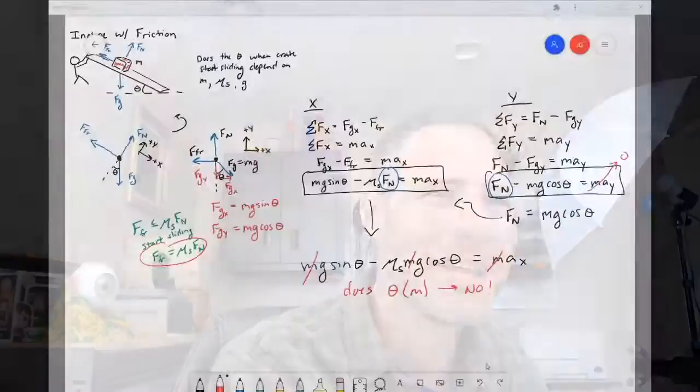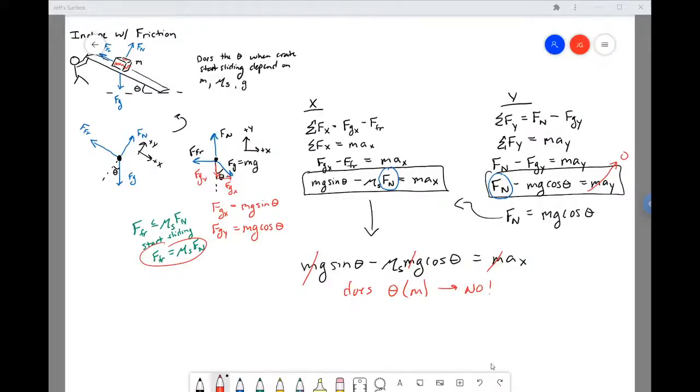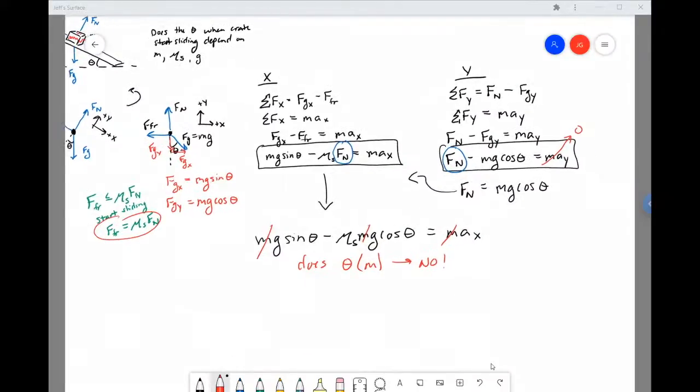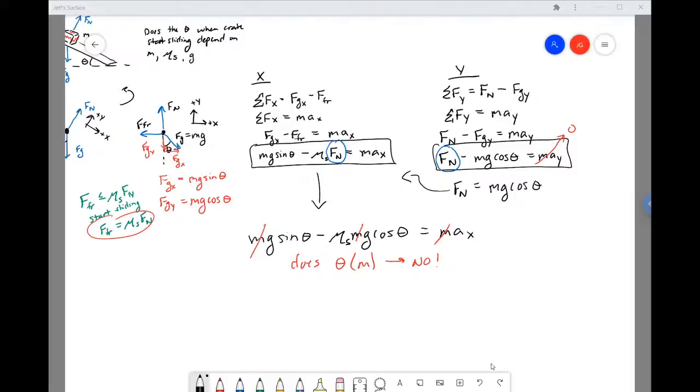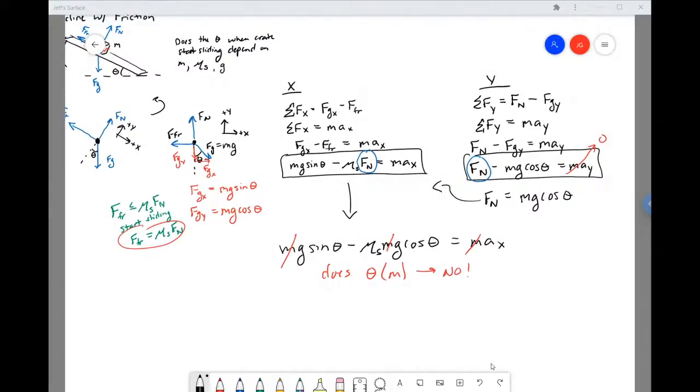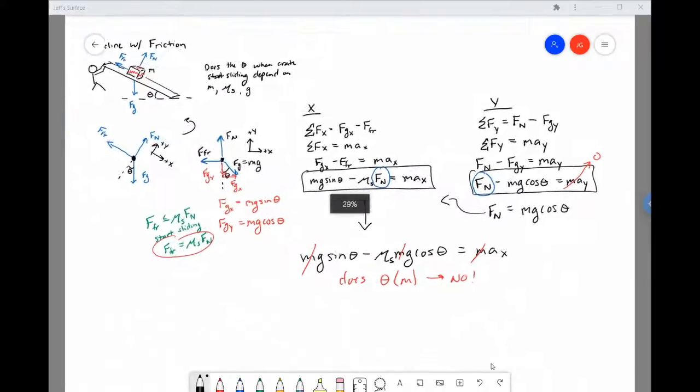All right, back to work here. The other thing we know is we're considering a situation where the crate is not sliding. We want to know the maximum angle before it starts sliding. So if it's not moving, the acceleration in the x direction is 0 as well.